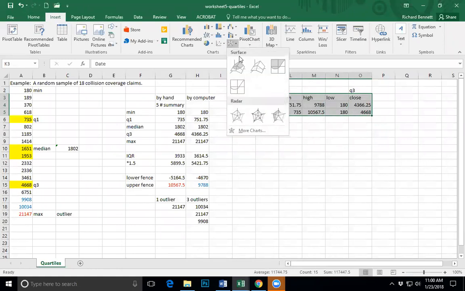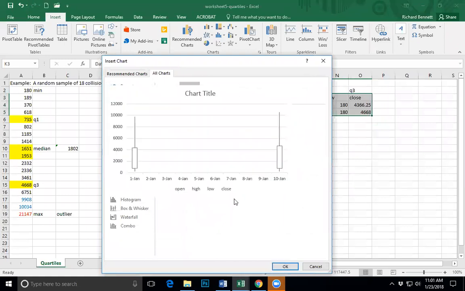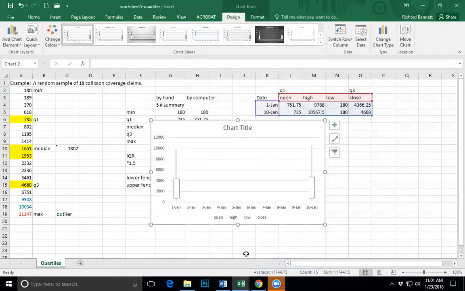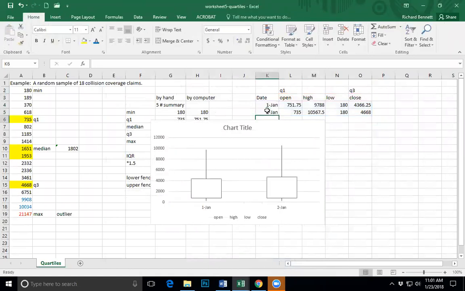Insert, Spiderweb, More Charts, Stock Market, pick it. It works, but see how far apart they are? So if you're doing this, pick consecutive days like January 2nd. Now it's going to be okay. Once you've got your chart drawn, now you can change this to anything you want: State Farm and Allstate.